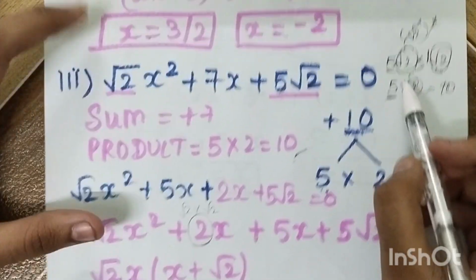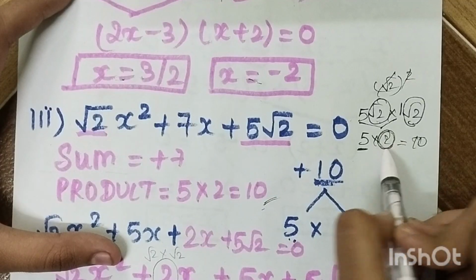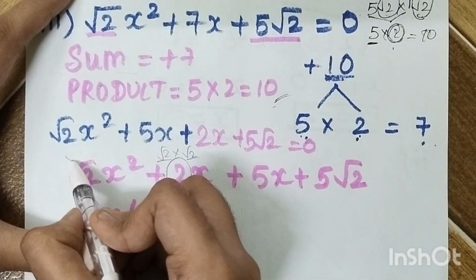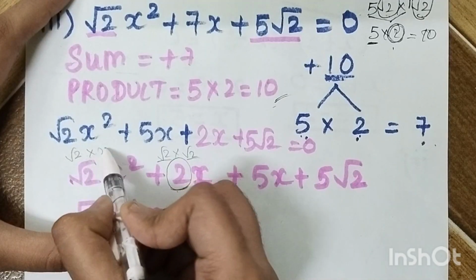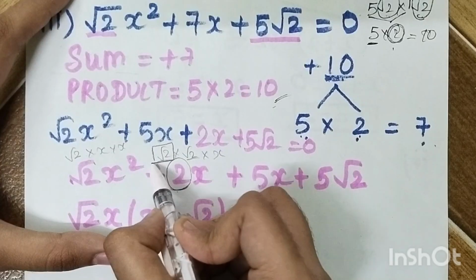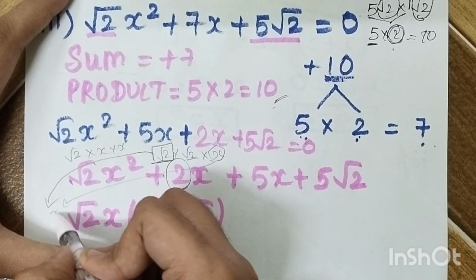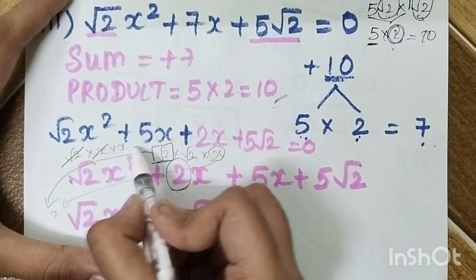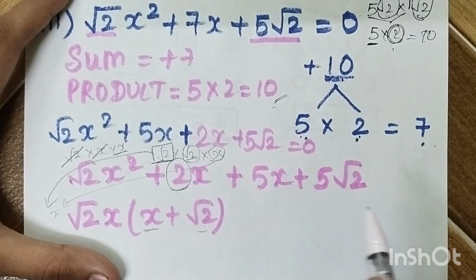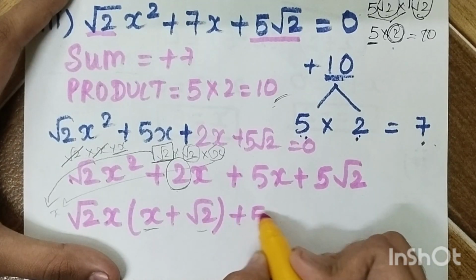So here as I discussed, root 2 into root 2 is 2, right? So I took, and here root 2 into x and here into x. So I took one root 2 as common out and one x as common out. So here also it will get cancelled. So the balance is x, and here 1 root 2. Am I clear? And here I can take only 5 as common out.